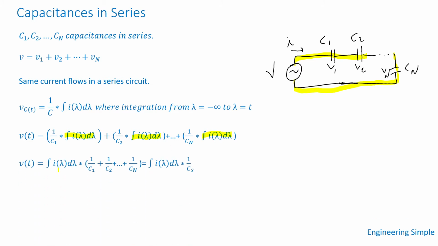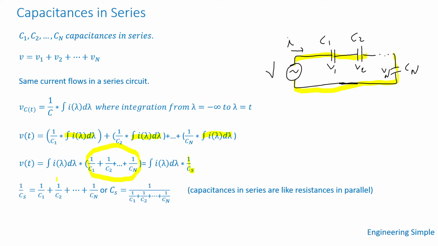So that's what I'm doing here. It's the integral of current times 1 over C1 plus 1 over C2 plus dot dot dot plus 1 over Cn. This is basically 1 over Cs, the equivalent capacitance of all the capacitances in series.